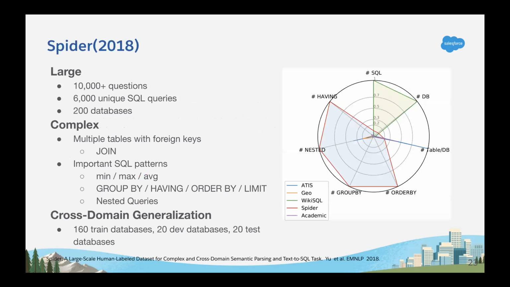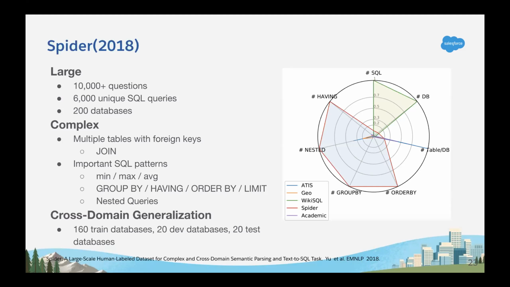So in 2018, a team from Yale University built a new dataset called Spider, based on the WikiSQL dataset. In this dataset, they removed most of the databases. They only have 200 databases. But the number of questions and queries is still large. And they added more complex patterns.